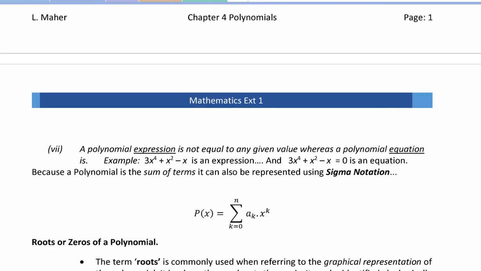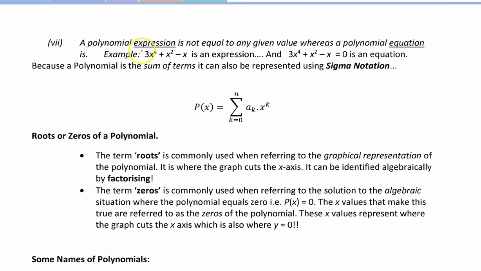That's the zero polynomial. We could have a polynomial expression, and we can have a polynomial equation. Most of them in this format would just be the polynomial expression. It's a string of x terms being added. The role of the p of x is just to name it. When I take that out and I put my expression equal to 0, then I have an equation.